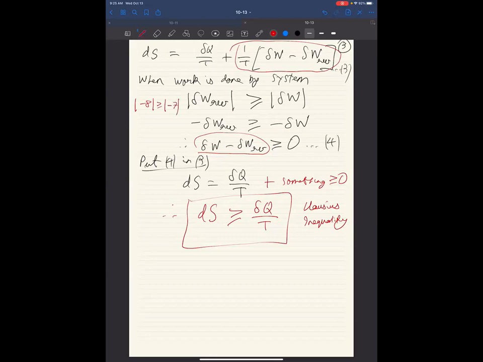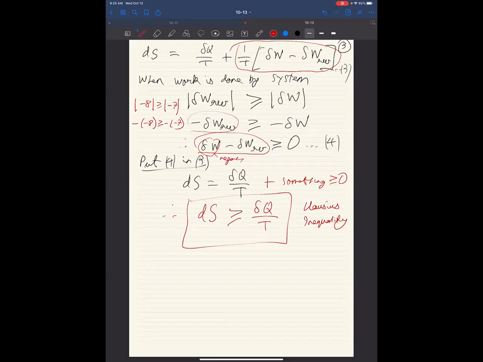Right, -8 is less than -7. Yes, but what I have written over here is not -8, it is minus of minus, okay? I told you it's a bit of a trip for 9 a.m. Keep that in mind that delta W itself is negative. When I did this, I'm not saying delta W reversible is a positive thing. That is a negative thing, and I'm multiplying it with a minus sign.